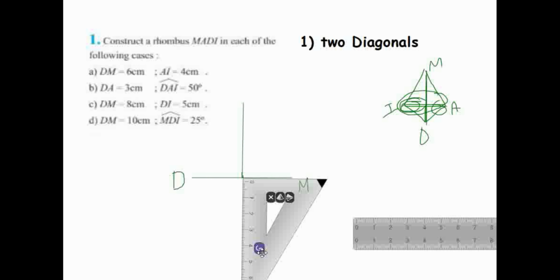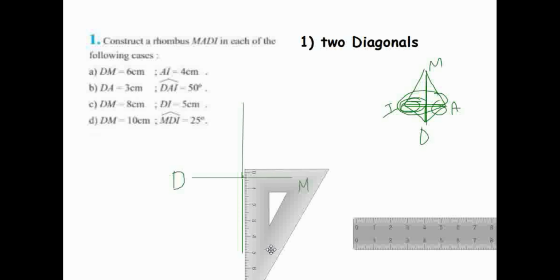Just putting that in the correct position. Here it is, and then we also draw a random line. I'm not paying attention to its measure, I'm just drawing a perpendicular line. I want them to be perpendicular, and I'm not paying attention to the measure because the set square's edge doesn't start from 0.